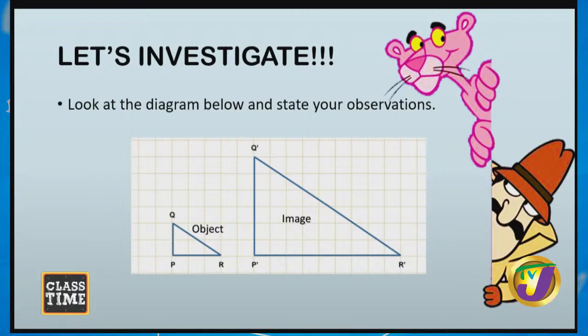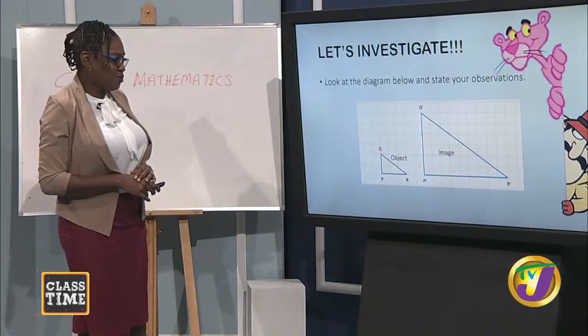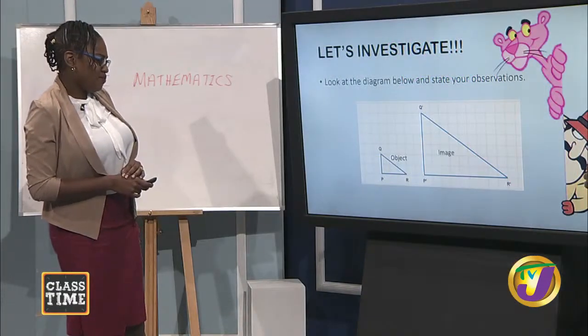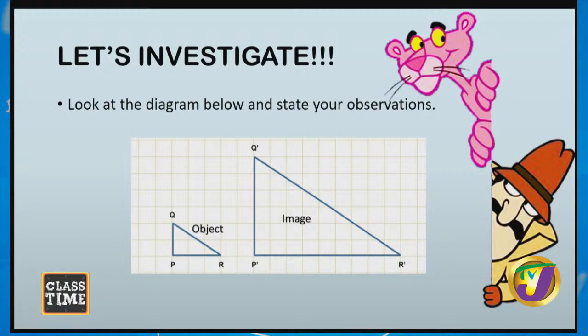All right, so let me start off. I am looking at these two triangles, and I notice that they appear to be right angle triangles. All right, so let me tell you what else I observed.